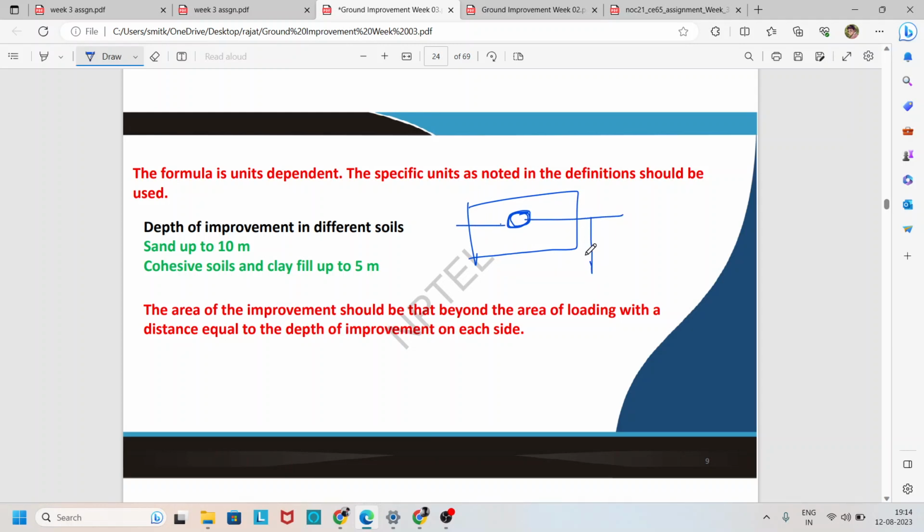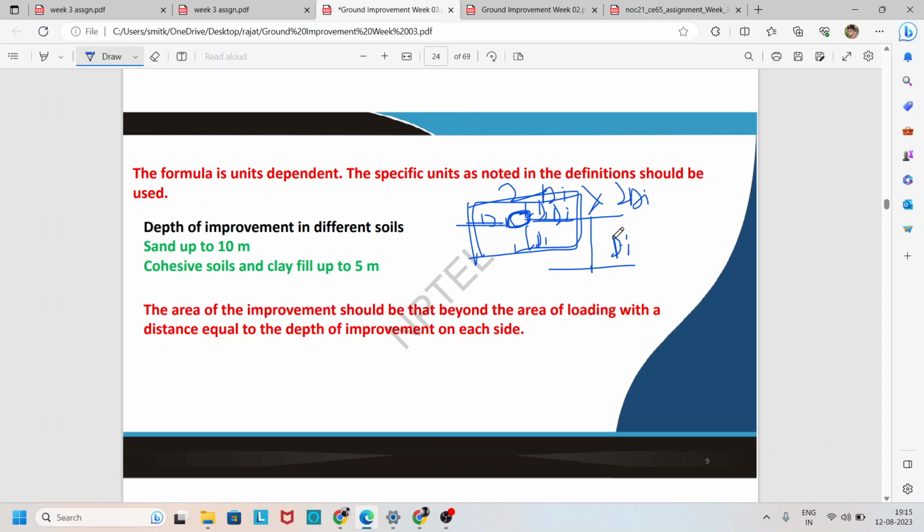If your depth of improvement is Di, then the area of improvement is Di on this side, Di on this side, Di on this side, Di on this side. So the total area of improvement should be 2 Di by 2 Di.